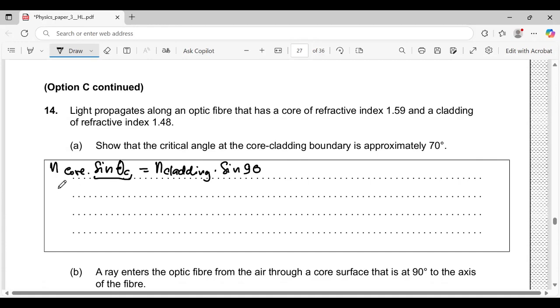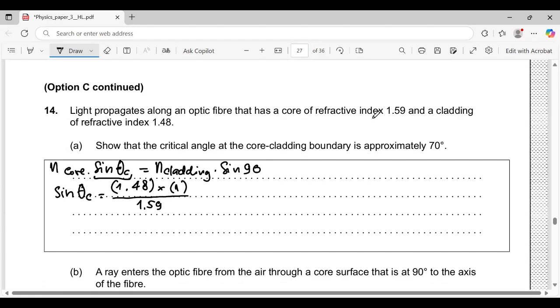If sine theta c is the subject, we can arrange this formula. The equation becomes sine theta c equals n cladding times sine 90 over n core. N cladding is 1.48, sine 90 is 1, and n core is 1.59.